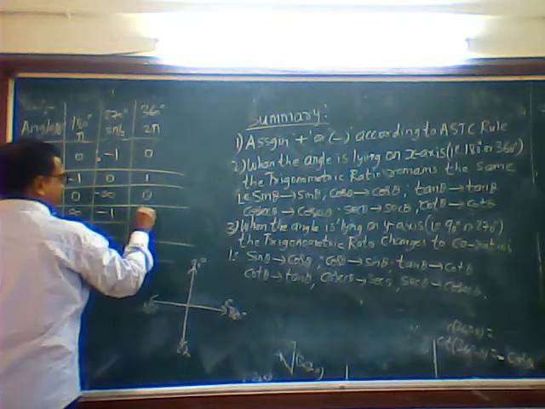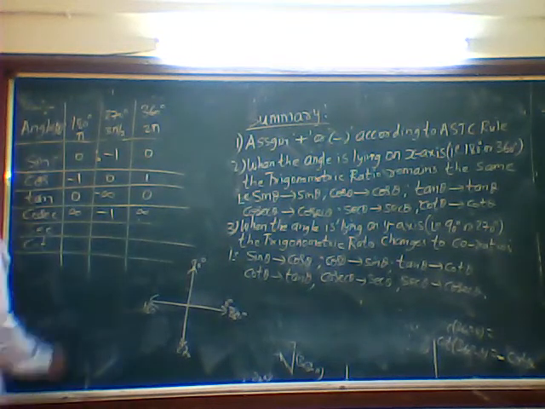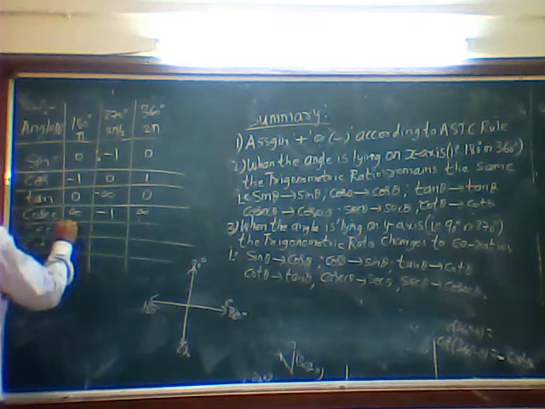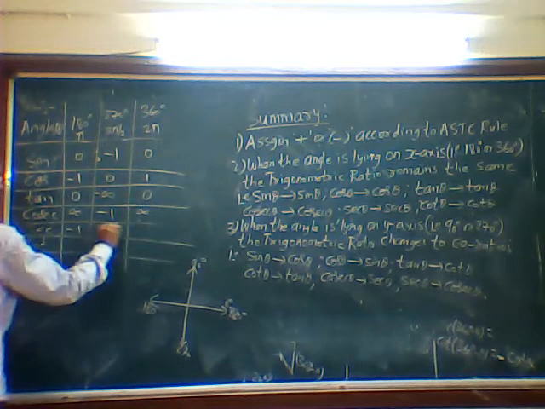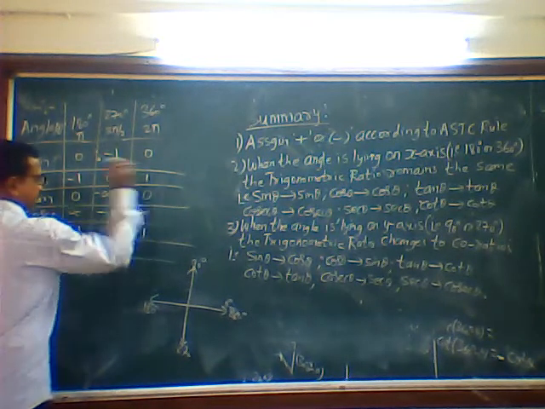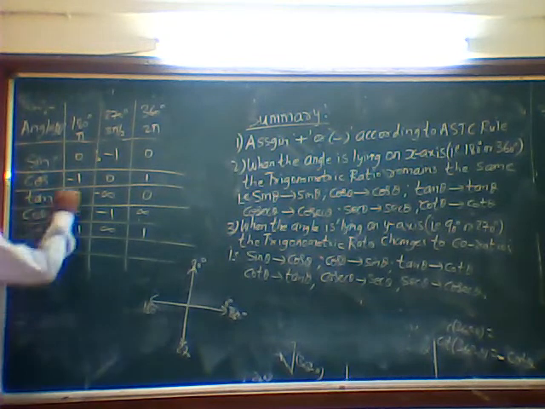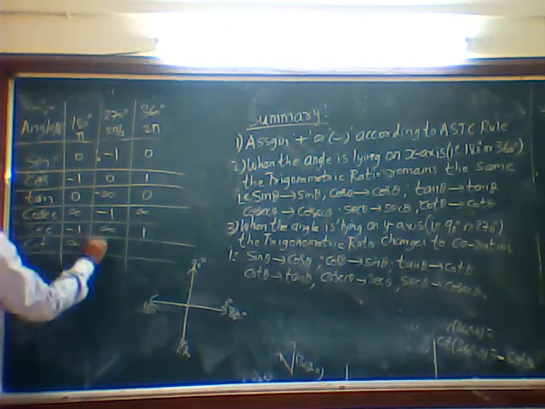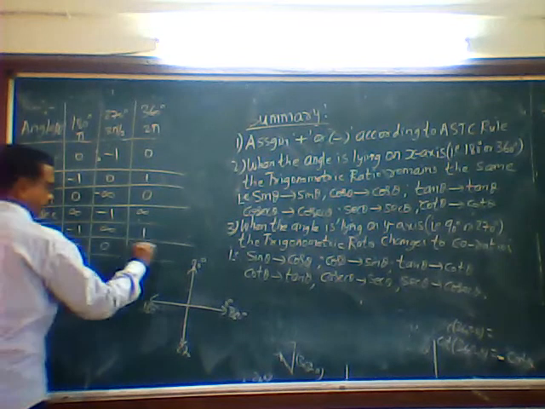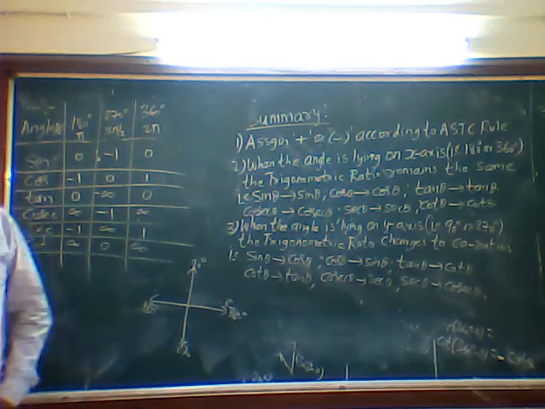Again 1 upon 0 is infinity. Sec: 1 upon minus 1 is minus 1. 1 upon 0 is infinity. 1 upon 1 is 1. Cot: 1 upon 0 is infinity. 1 upon infinity is 0. 1 upon 0 is infinity. So that's why it is.